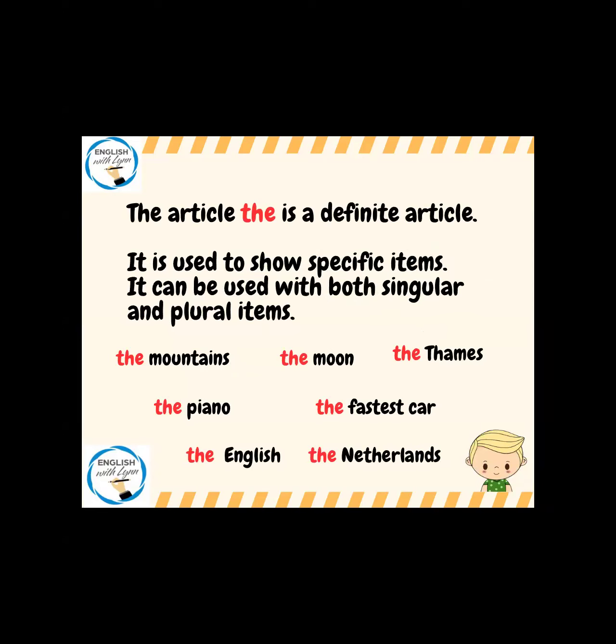When we use the, it can be used with either singular, so one item, or plural, many items. Let's have a look at the way that it can be used. When we are talking about the mountains, we are speaking about geographical areas.